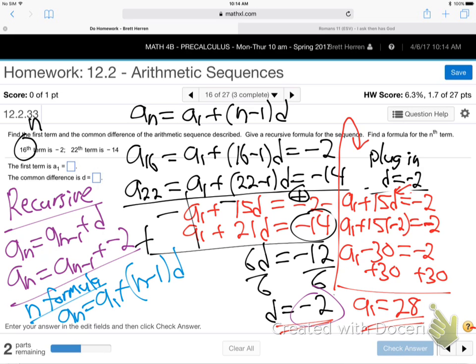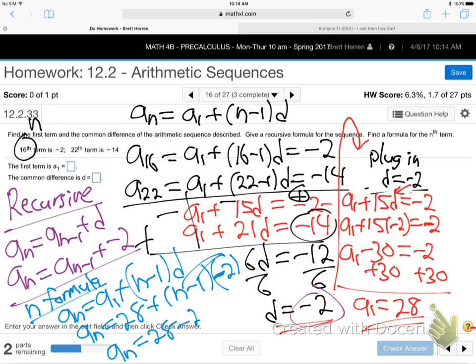The recursive formula and then the a sub n formula, which is a1, now I know it, 28 plus n minus 1 times d. d is negative 2. So now distribute, and you get a sub n is 28 minus 2n plus 2. a sub n is 30 minus 2n. So there's the a sub n formula, 30 minus 2n. There's the recursive formula. There's everything they want.